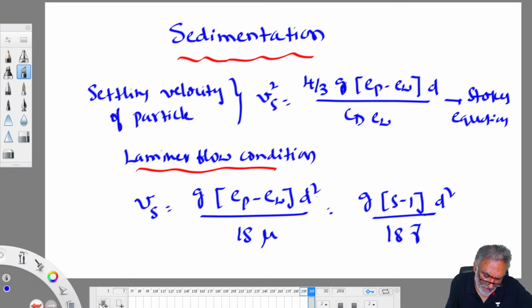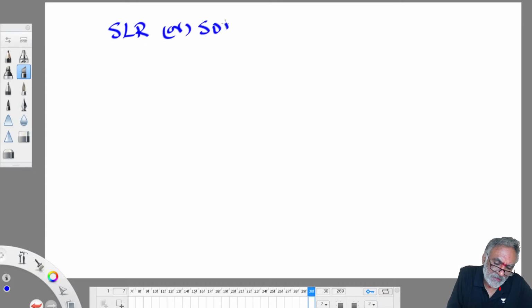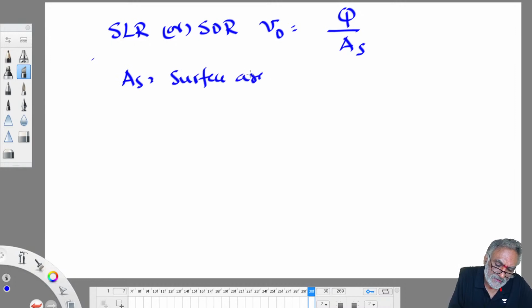That's the first thing. Second thing is surface loading rate or surface overflow rate, for which the sedimentation tank is designed, worked out by using Q by surface area. Right? Surface loading rate or surface overflow rate V0 is equal to Q by surface area. This is the surface area of the sedimentation tank.